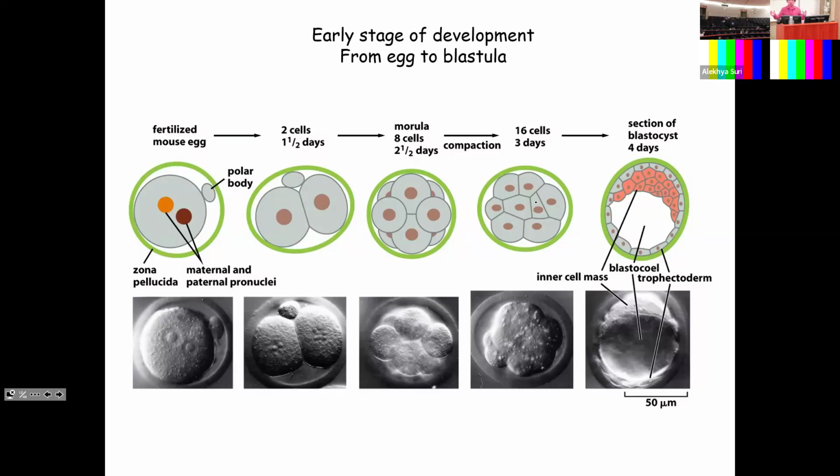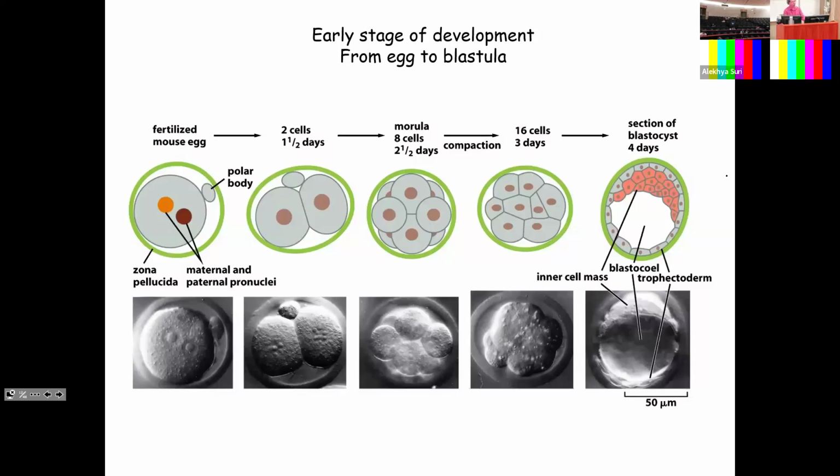That's because of a process of compaction. The cells, the 4 cells, the 8 cells, they need to fit within the zona pellucida. And that's why the embryo compacts the cells.